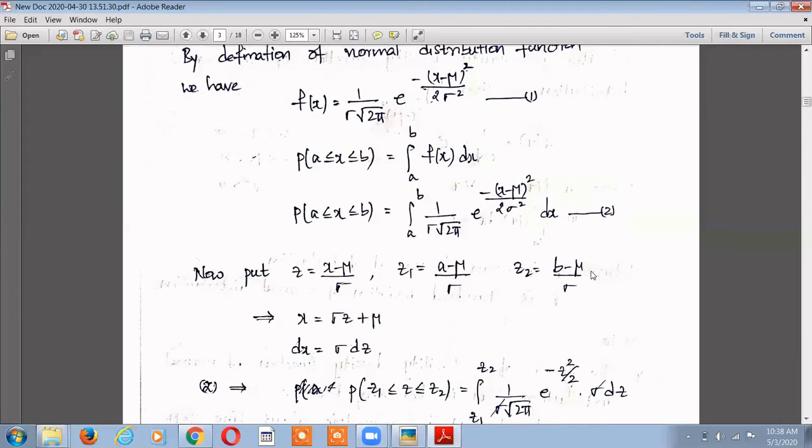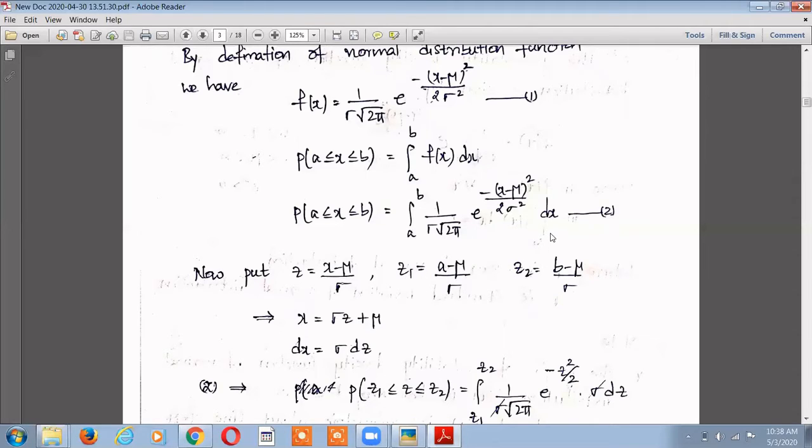Now, in order to convert the normal variate into a standard normal variate, I substitute (x minus mu) by sigma as some variable z. So z is equal to (x minus mu) divided by sigma, and here x is varying from a to b. In particular, if x takes the value a, we call this z to be z1. So z1 is equal to (a minus mu) by sigma.